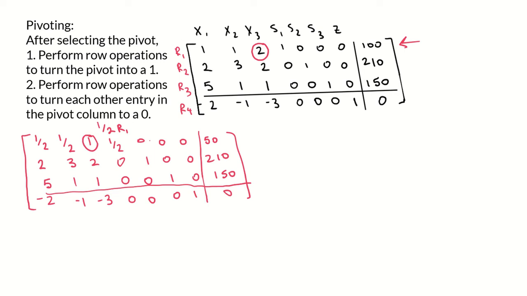Now the next step is to change all of the other entries into zeros in that column. So we want to turn this 2 into a 0. We want to turn this 1 into a 0, and we want to turn this -3 into a 0. And we can do that in whichever order we choose. It would be easiest, I think, to turn this 1 into a 0.